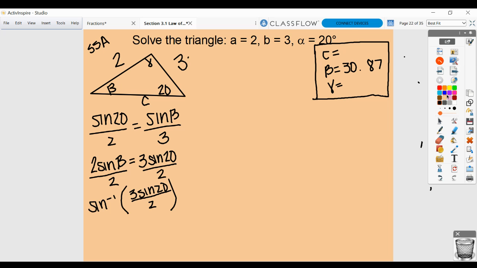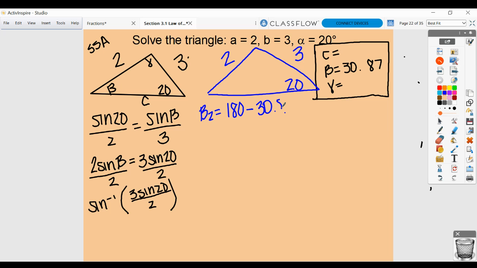Okay, so this is where we have to check. Do you have two triangles? So use the information before, but we have to figure out what the second beta would be. So you want to take 180 minus that answer you just got, the 30.87. And you end up getting 149.13.